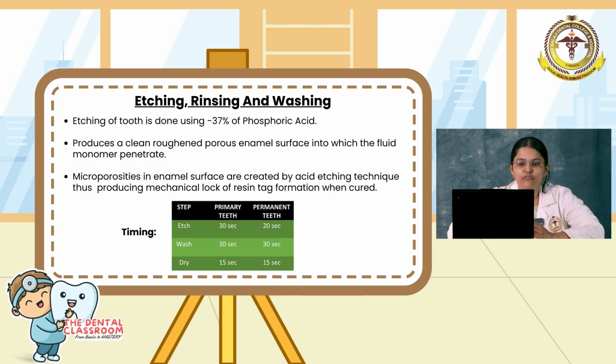So the timing for etching for primary teeth as recommended is 30 seconds and for permanent teeth it is 20 seconds. The washing time, after etching you are going to wash, is 30 seconds for primary teeth and 30 seconds for permanent teeth. And next is the drying time. So it is 15 seconds for both primary and permanent teeth.